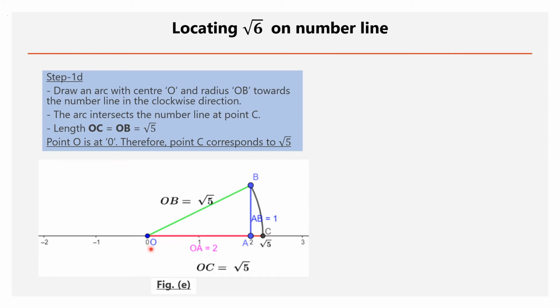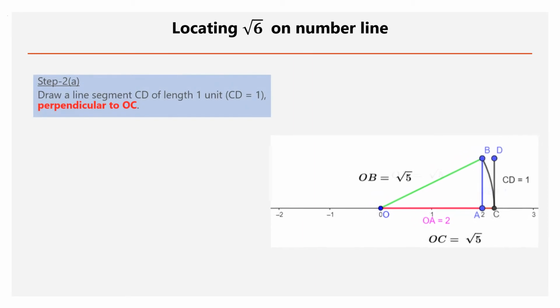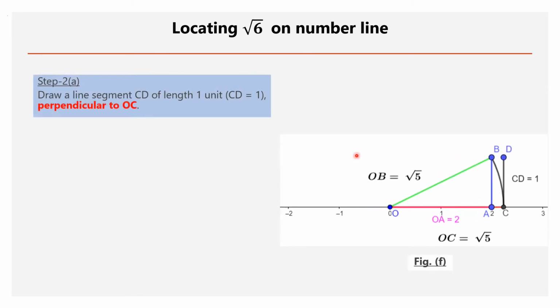Now O is at 0, therefore C will be at square root 5. Next, we draw a line segment CD of length 1 unit, perpendicular to line segment OC.